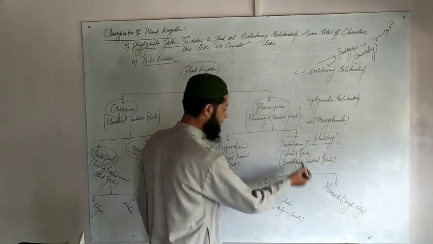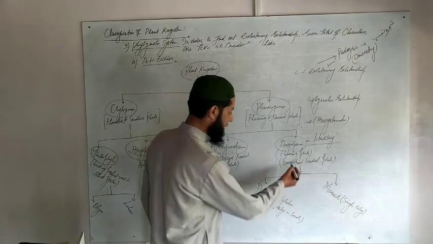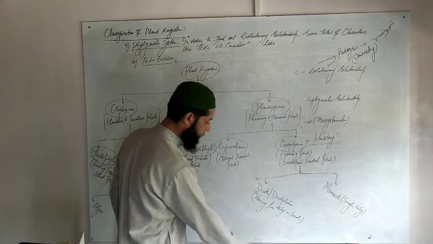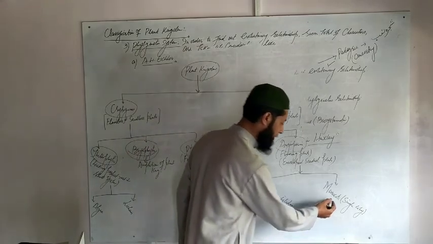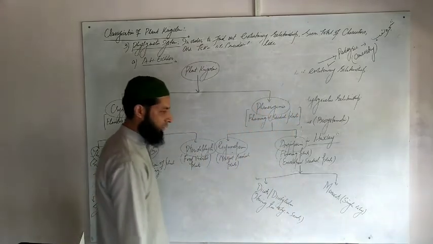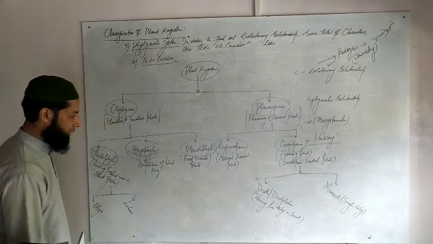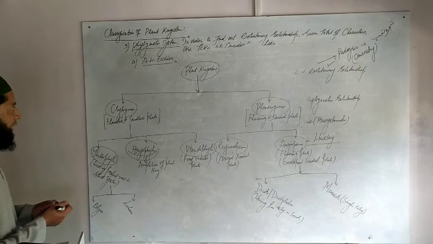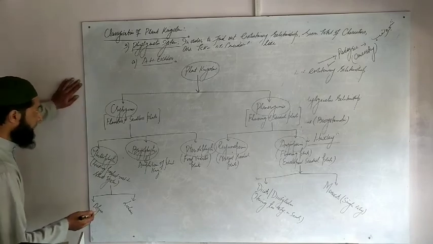And last one is angiosperms, also called flowering plants. It is divided into two types: dicots, having two cotyledons in seed, and monocots, having single cotyledon, called scutellum.